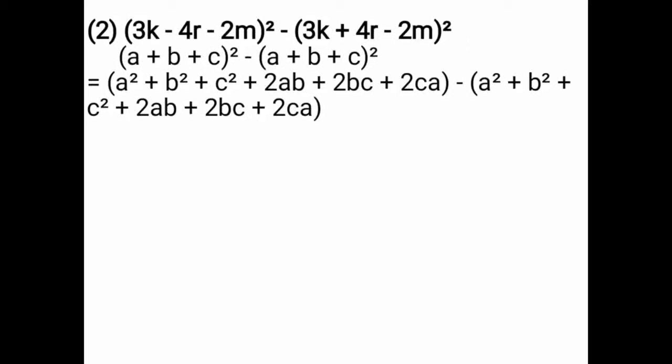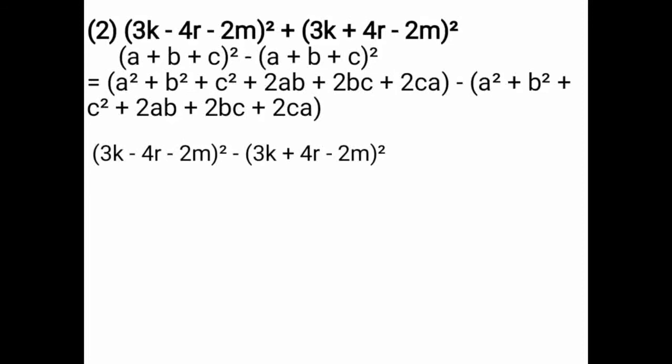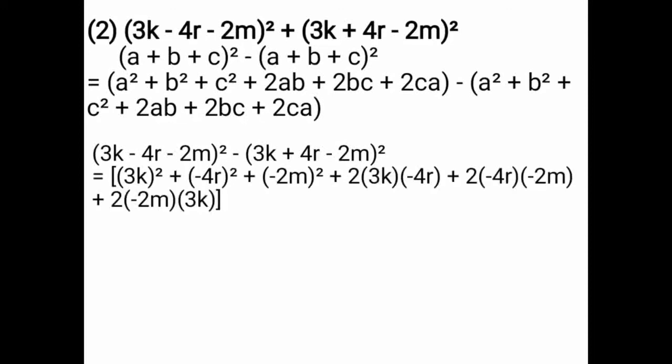Now write the question again. (3k − 4r − 2m)² − (3k + 4r − 2m)² is equal to (3k)² + (−4r)² + (−2m)² + 2(3k)(−4r) + 2(−4r)(−2m) + 2(−2m)(3k). In first bracket I wrote the expansion form of the formulas of (a + b + c) whole square.